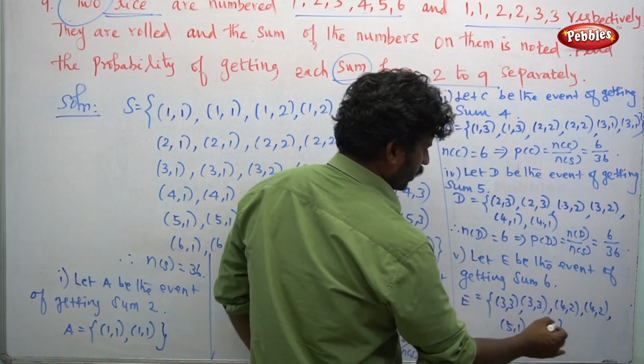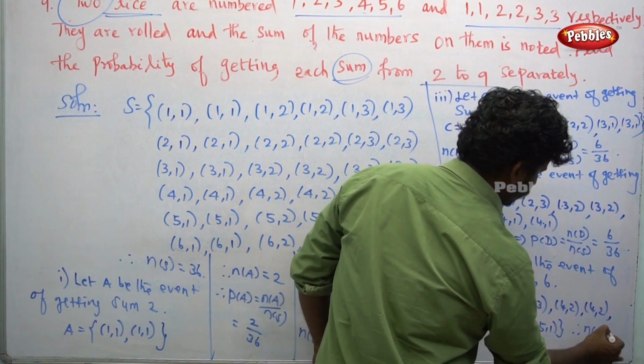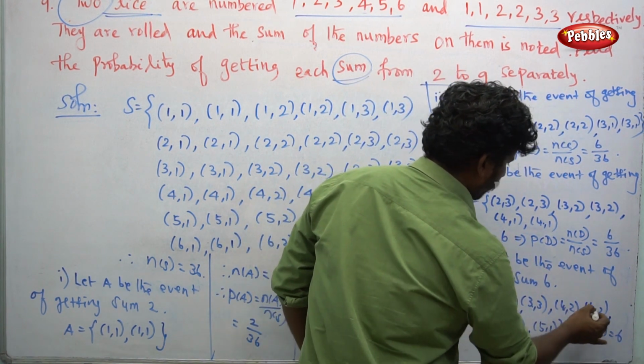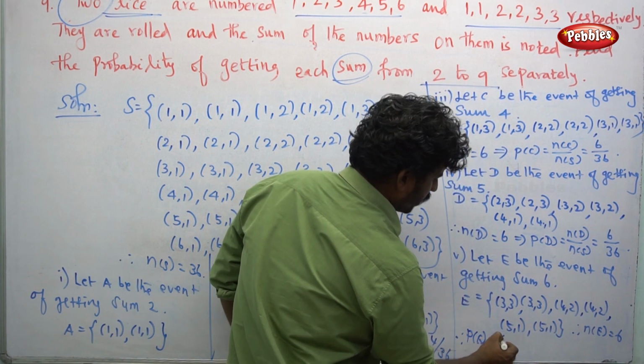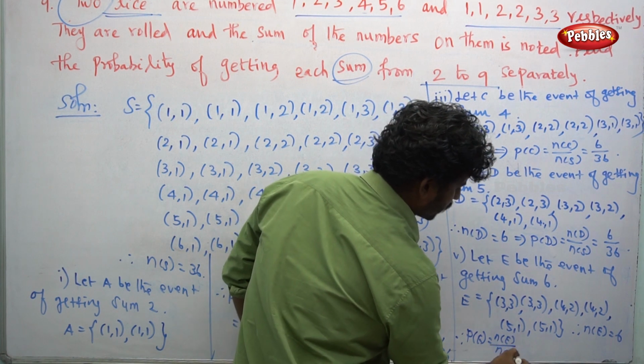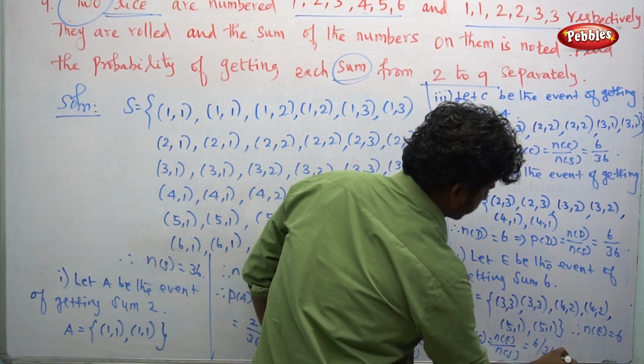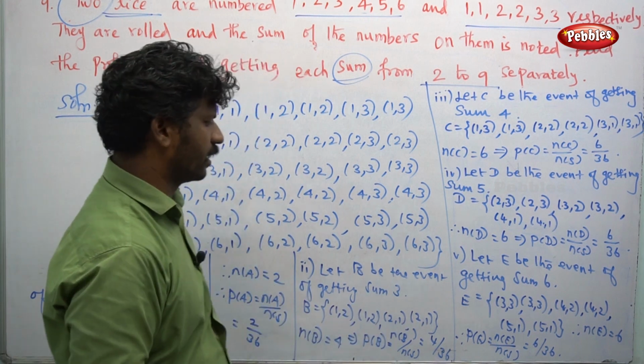So totally n of E is equal to 6, therefore P of E is equal to n of E by n of S is equal to 6 by 36. எல்லாமே n of S ஃபுல்லாகவே 36 தான் இல்லையா.